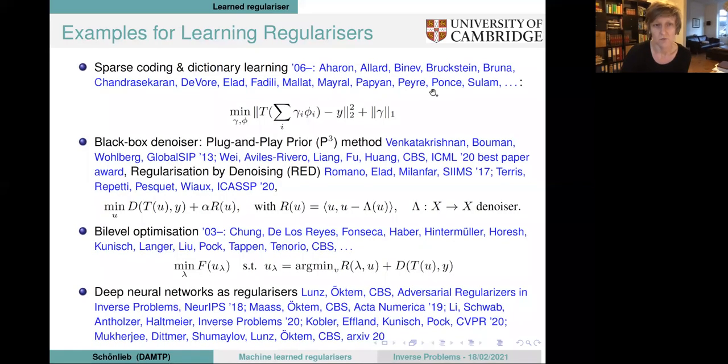One big family of learned regularizers comes from this idea of sparse coding and dictionary learning. Simon Arridge, Peter Maass, Ozan Öktem, and myself wrote, already two years ago, an Acta Numerica paper on data-driven approaches to inverse problems, and we really looked through all this literature.